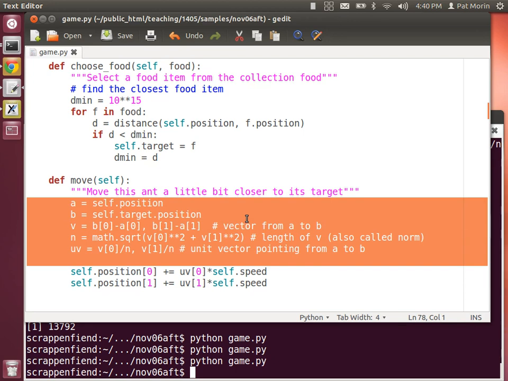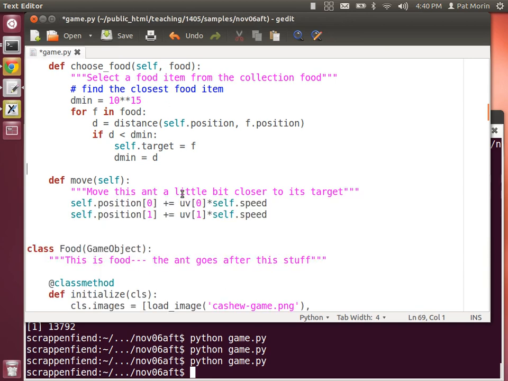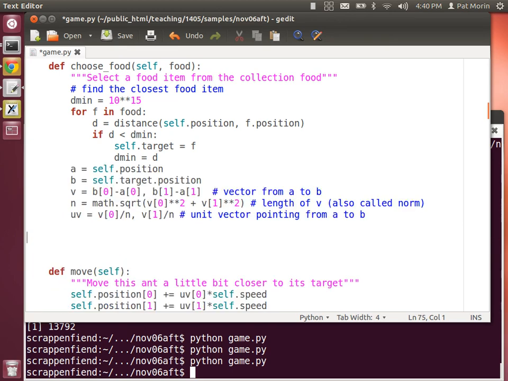And so this whole computation here that we do in move, which happens 30 times per second, actually we don't need to do it every time. We only need to do it when the ant changes the direction that it's traveling in, and the only time that that happens is when the ant chooses new food. So let's chop that code out of there and move it up into this section where new food is chosen.